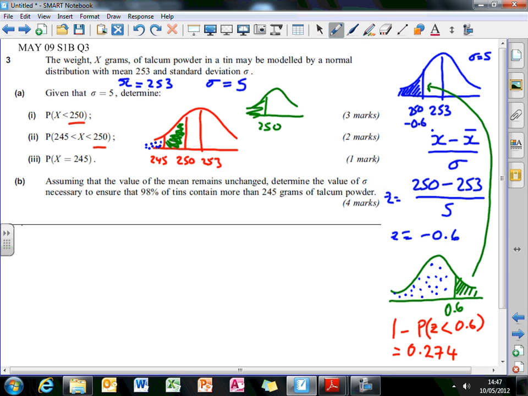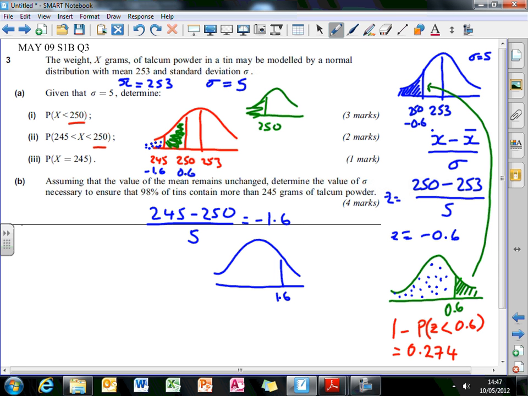So I need to look up what the probability that x is less than 245 would be. So first of all, standardize this 245. So 245 minus 250 divided by your standard deviation, which is still 5, gives you a z score of minus 1.6. So if I look up my minus 1.6 in the table, I can't because it's a minus. So exactly like I did on the first one, I have to use the symmetrical properties of the normal distribution to look up 1.6.